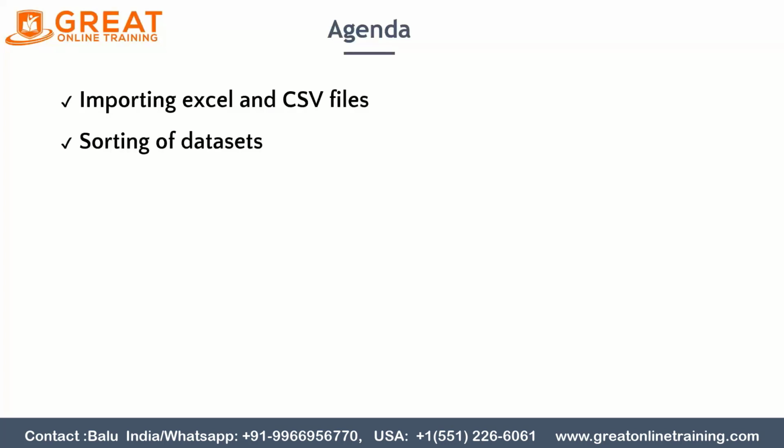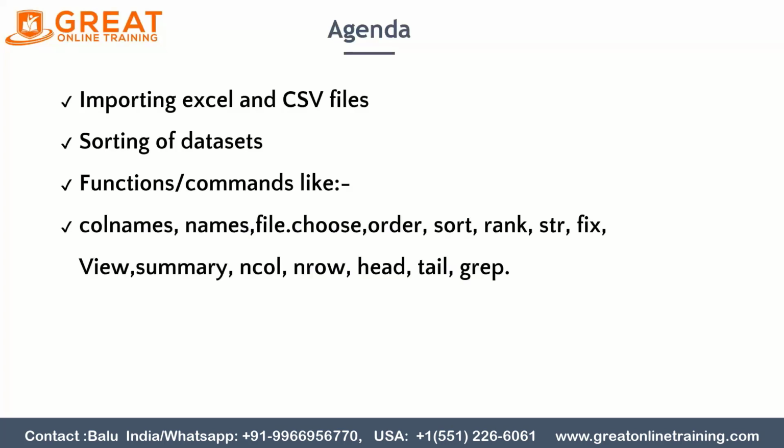After that, we'll see the sorting of datasets once again and some more functionality. Then we'll see some commands and functions like colnames, file.choose, order, sort, rank, str, fix, then view, summary, ncol, nrow, head, tail, and grep. So let's move to RStudio and we'll see these agenda items one by one.